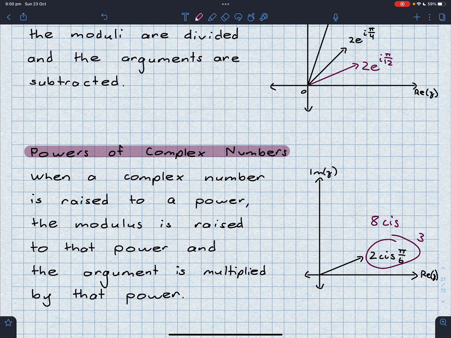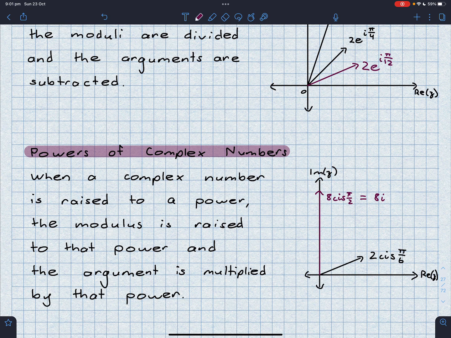So 3 times pi on 6 is 3 pi on 6, which is pi on 2. So I'm going to end up with a number right on the imaginary axis. 8 at pi on 2, and we know that if we work out cos pi on 2, that's going to disappear, so all I get is 8i, which is why that sits right on the imaginary axis.